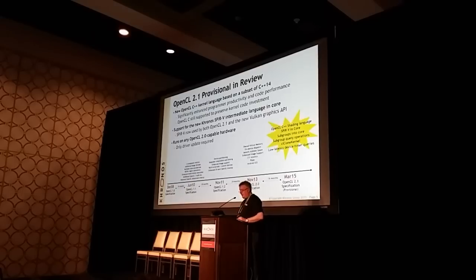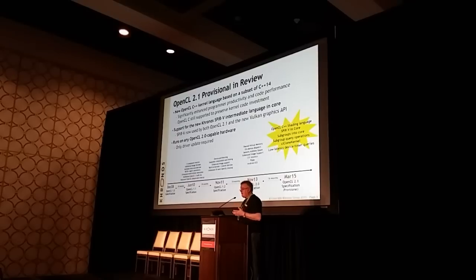In terms of the roadmap, we've just released, back in March, OpenCL 2.1 in provisional form. That means we think the spec is correct, but we want to get the industry's feedback before we finalize the specification. So OpenCL 2.1 provisional was in March at GDC.